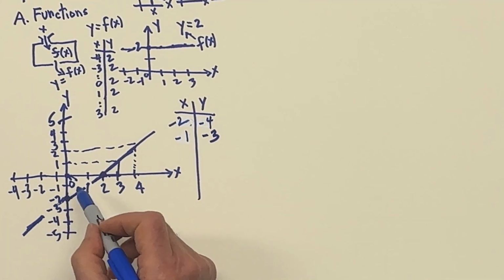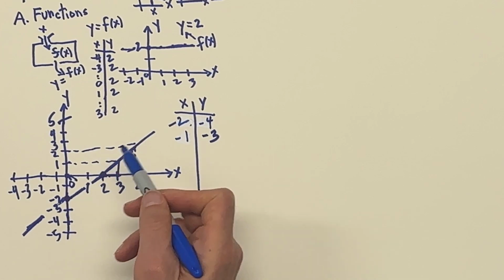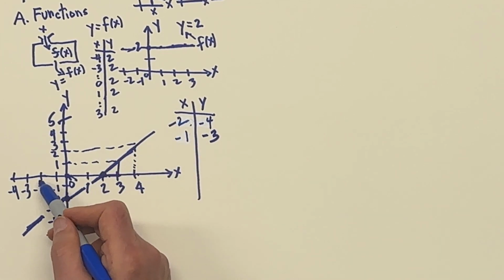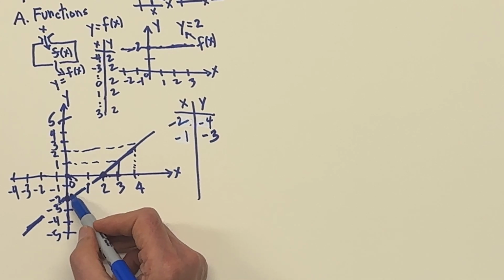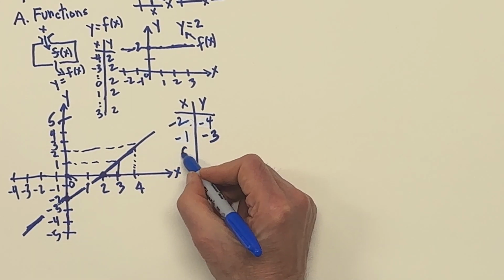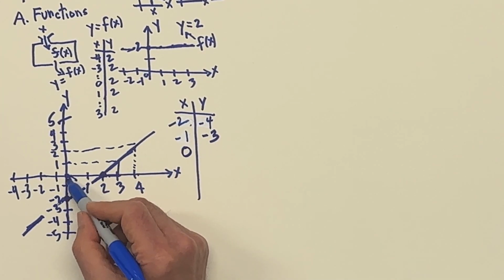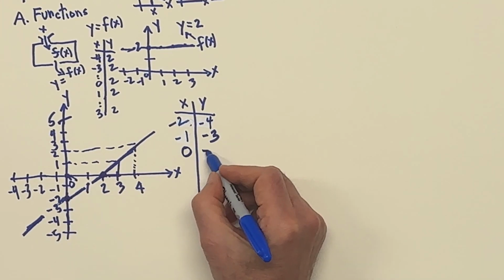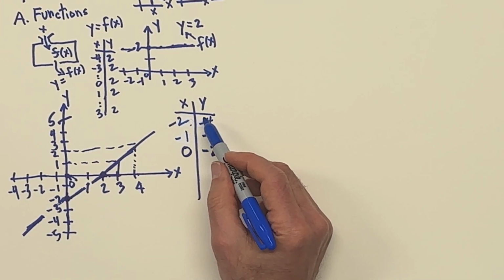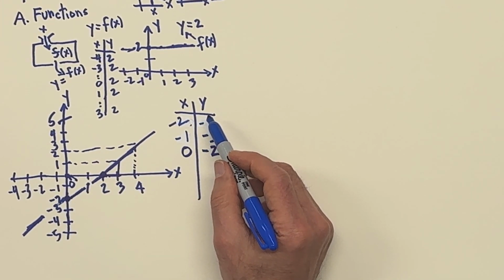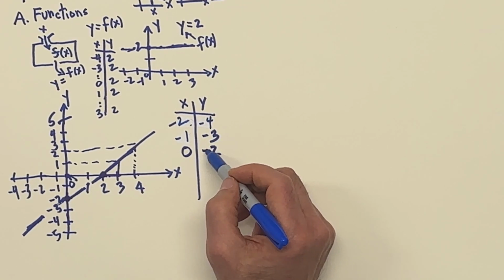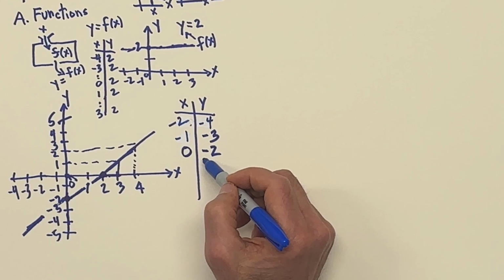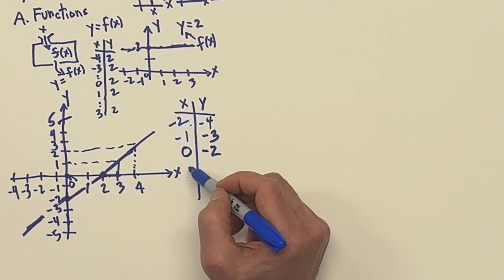Just think every step to the right, I've designed this to go up by 1. So if we go from -2 to -1, you just add 1. And then if you're at 0 here, x is 0, you're at -2. And see how that's checking out? You're simply adding here 1 every time you go one step in the x direction.